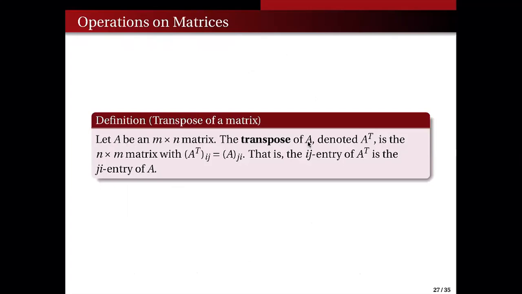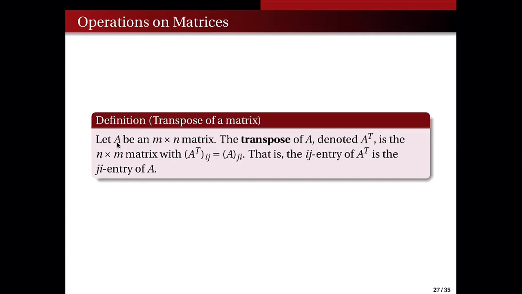The transpose of A, which we denote by A with a superscript capital T, is the n by m matrix with entries given by this: the ij entry of the transpose of A is the ji entry of A.